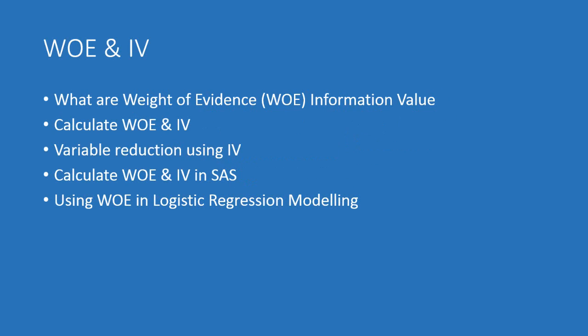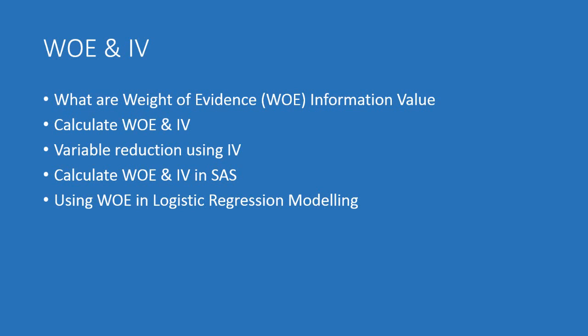In this video and in the subsequent video, we are going to learn the following things. First, we are going to learn what weight of evidence and information values are. So we will learn the definitions, and then we will learn how to calculate the WOE values and the information values of variables.